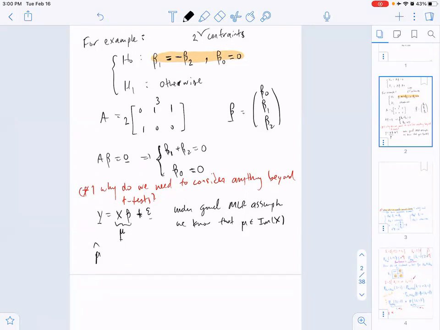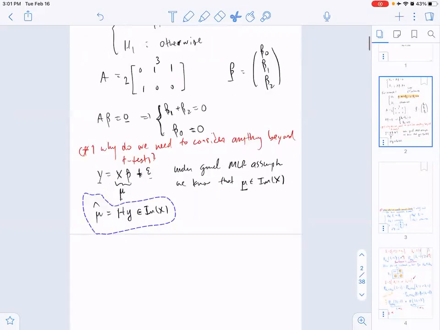Mu hat is the projection of Y onto the image, and by definition, this belongs to the image. I'm talking about the original mu, which is what we don't observe. It's good to make the distinction. Mu hat is definitely in the image because we're projecting it, but we're talking about the actual true mu, which we don't observe.